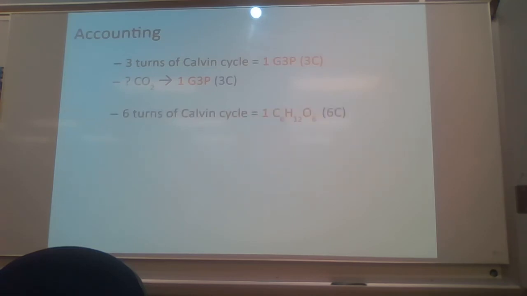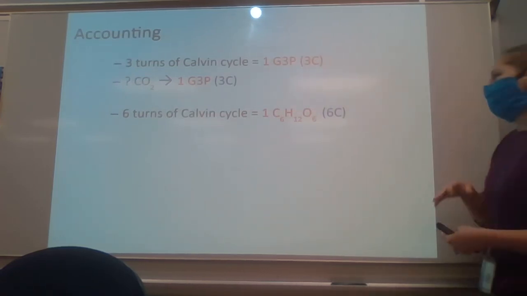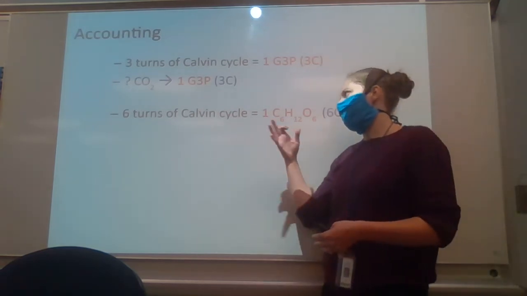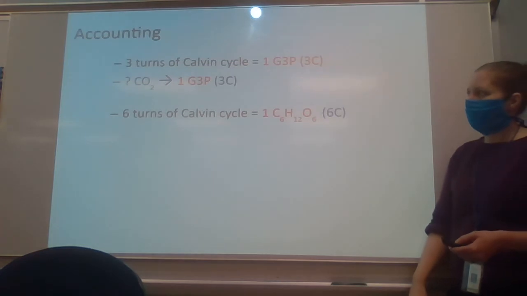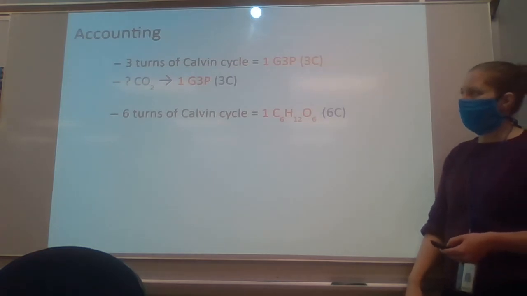So to get to 1 molecule of glucose, we have to make 2 of those G3P products. So we actually have to do the Calvin cycle 6 times. So 6 turns of the Calvin cycle to end up getting 1 molecule of glucose. And so that's going to require a total of how many carbon dioxide molecules? 6.